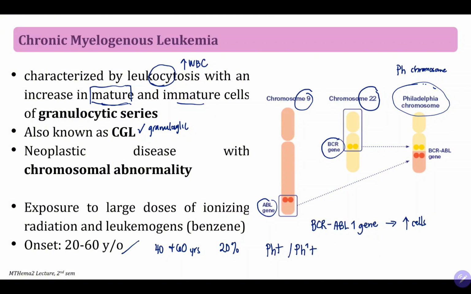And then, in rare cases, these CML may also occur in infants and children under 2 years old, and that is known as your juvenile CML. Juvenile means children, bata. Okay? Now, the difference with your juvenile CML is that these cases are usually Philadelphia chromosome negative. Okay? Philadelphia chromosome negative, or pwedeng PH1 negative.